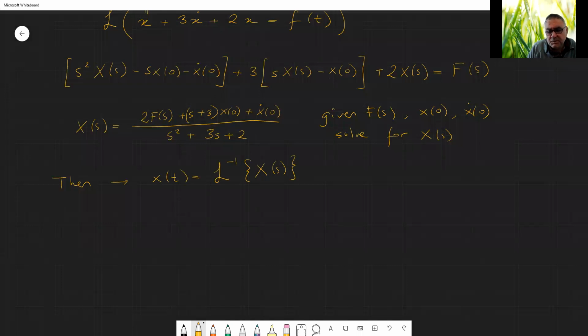Well, the inverse transform is, actually, by definition, a complex integral, but we never do that. We usually do the so-called partial fraction expansion. In short, we use PFE for that.